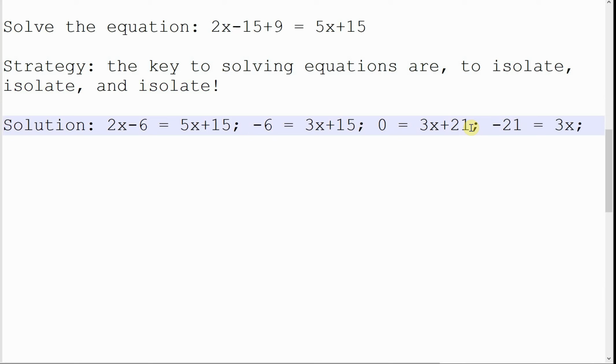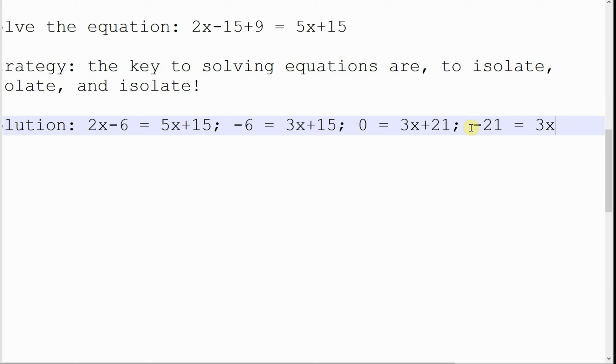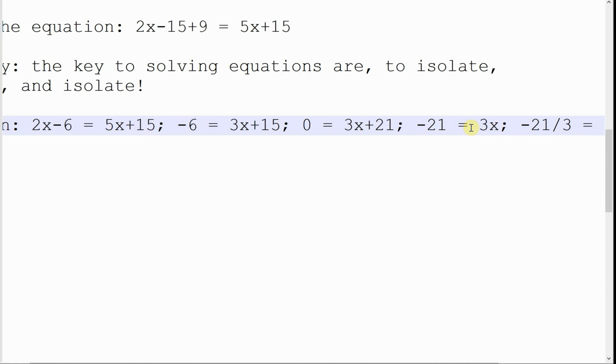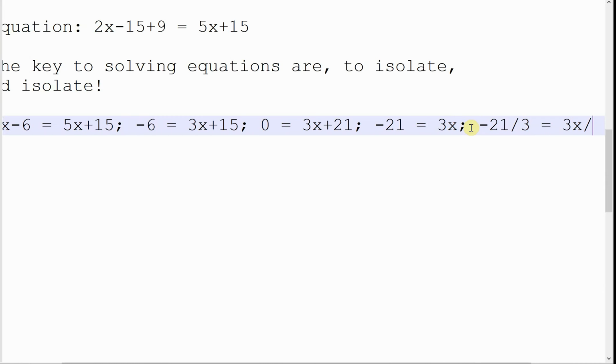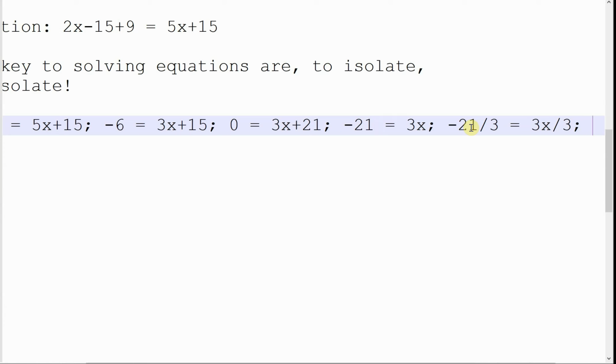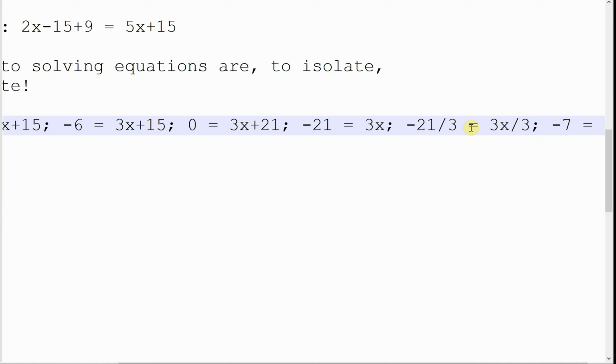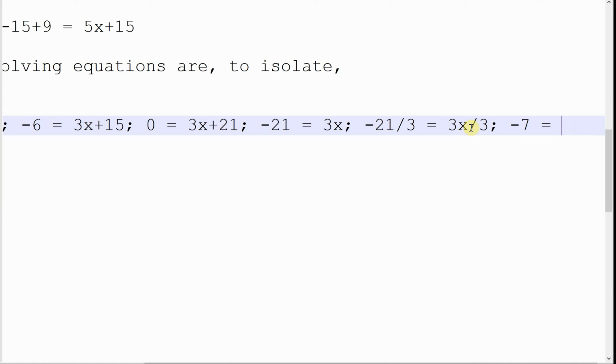Now let's divide by 3 on both sides. 3x over 3 results in x, and negative 21 over 3 is negative 7, because negative 7 times 3 is negative 21. So negative 7 is equal to x, or the other way around.